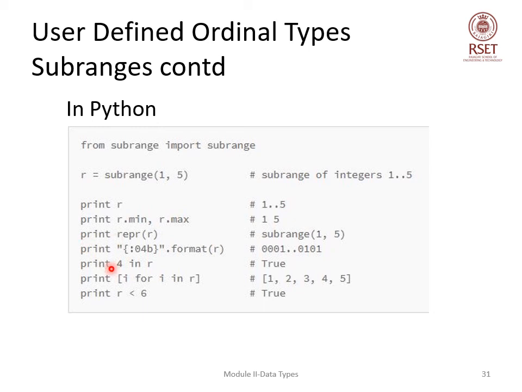Then print 4 in R. It will return true because 4 is there in the subrange. Then for print i for i in R, each and every value in R will be printed. Print R less than 6. Yes, it is true and true will be printed on the screen.